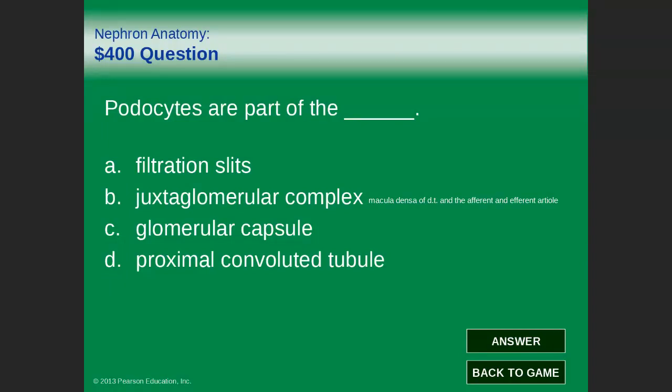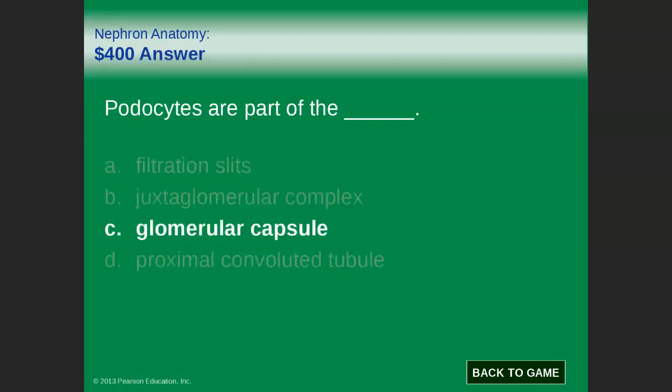Podocytes produce pedicles that produce the filtration slits. But they're part of the capsule. The podocytes are part of the glomerular capsule. They form the visceral layer of the capsule.